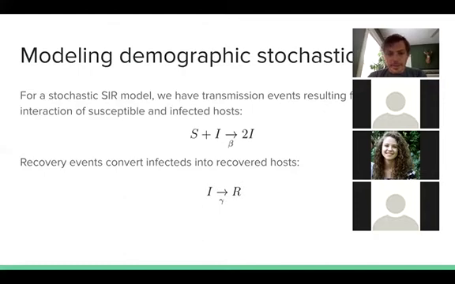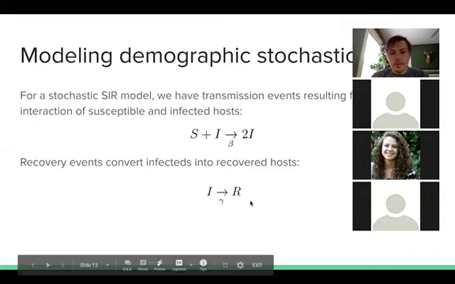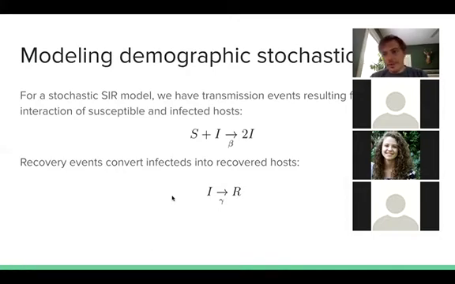There's transmission events. So two hosts, a susceptible host and an infected host, can come into contact with one another with some rate beta. And this reaction will give rise to two infected individuals, or 2I in this equation here. And likewise, we also have to think about recovery events, which converts infected individuals into recovered individuals who can no longer be infected, which we'll assume happens at some rate gamma.